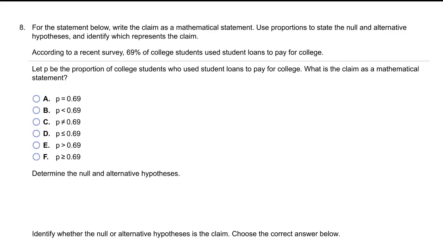All right, next one. Same idea. According to a recent survey, 69% of college students use student loans to pay for college. That's telling me they're giving a proportion. P equals 0.69. That's right there. Null and alternative.